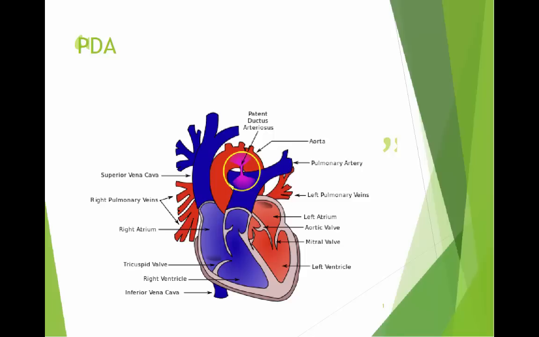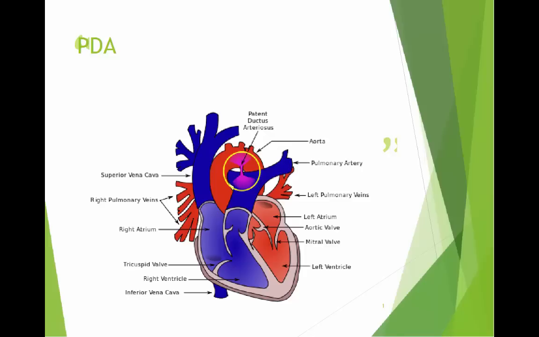A small ductus rarely causes symptoms. A large ductus causes a large left to right shunt. Over time, a large shunt results in left heart enlargement, pulmonary artery hypertension and elevated pulmonary vascular resistance. So whenever you have a left to right shunt, your right side is going to be congested with high pressure. You're going to have pulmonary hypertension and all the symptoms of it, right-sided heart failure.